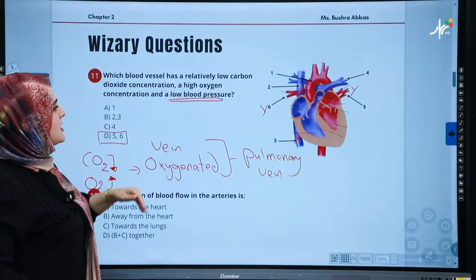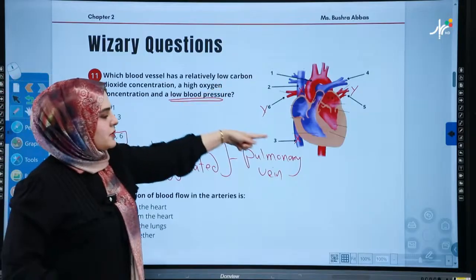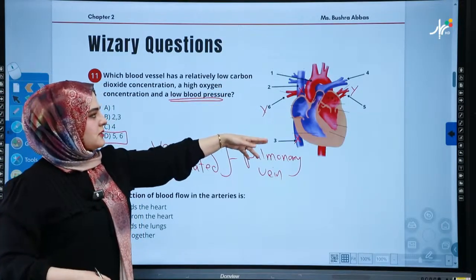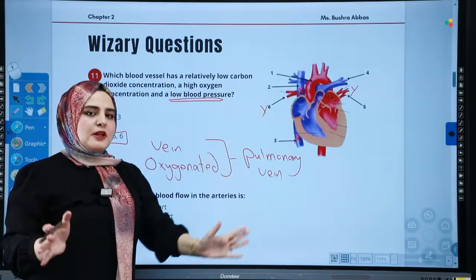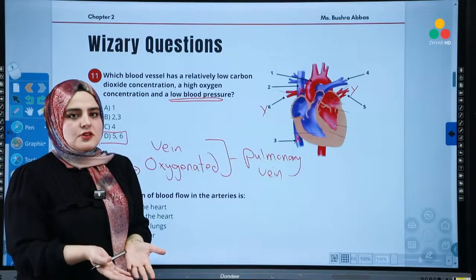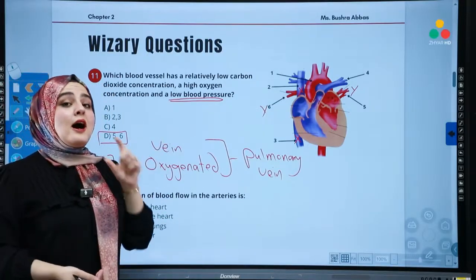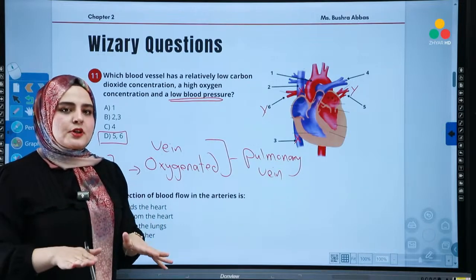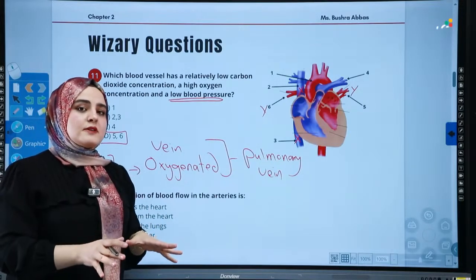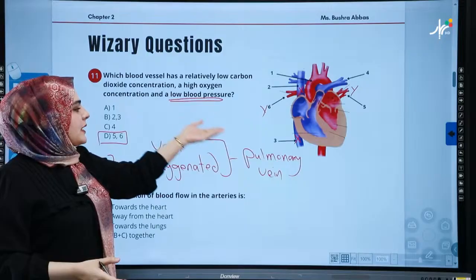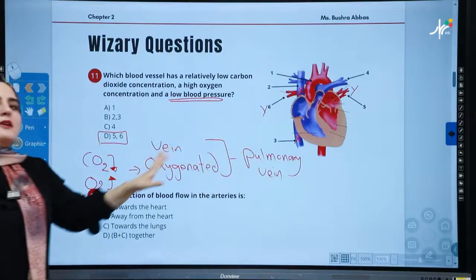Why not the others? You can clearly see that numbers 2 and 3 are vena cava with deoxygenated blood. Number 4 is the pulmonary artery, which takes deoxygenated blood to the lungs. And the aorta has a high pressure, actually the highest pressure of all the vessels, so it's not going to apply. It's the pulmonary vein, and it's 5 and 6.